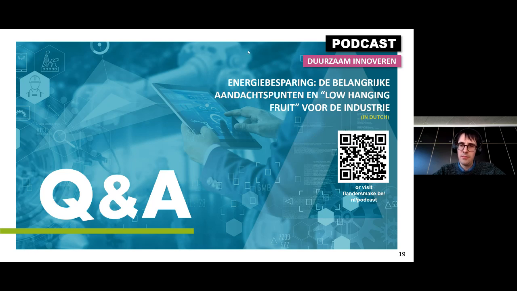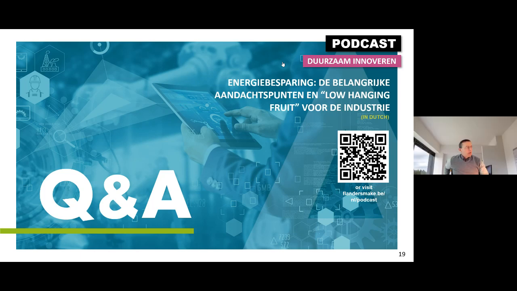Can you accumulate the savings and save 11% of energy based on parameters? Well, I think that's a little optimistic. It of course depends on your system, but by just optimizing the parameters of your drive, as we showed in the case, we ended up with 4%.